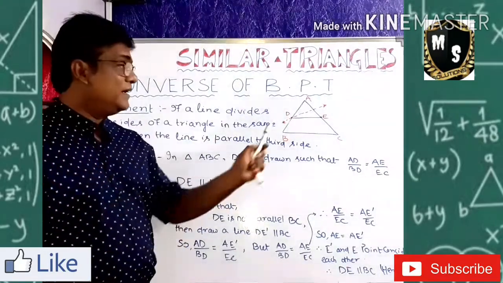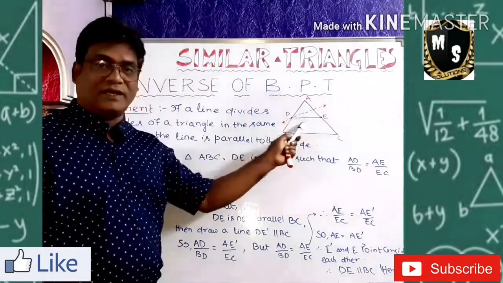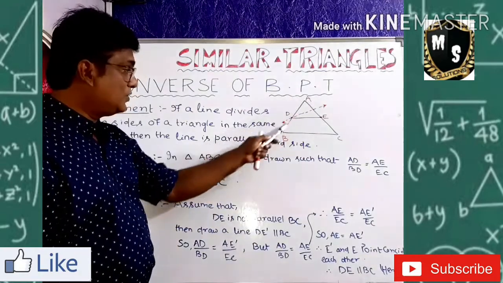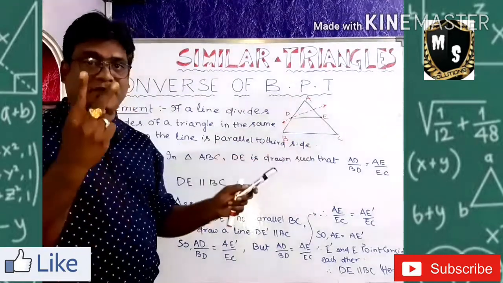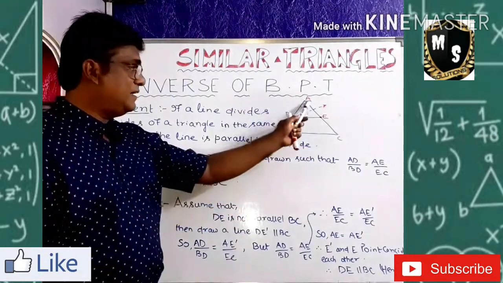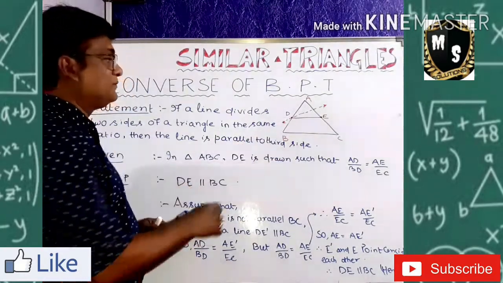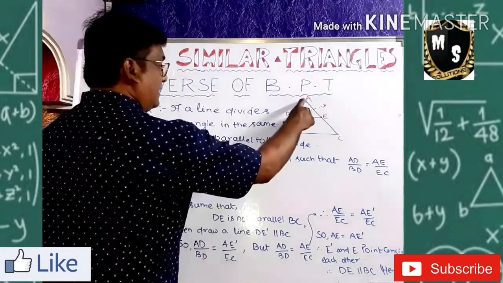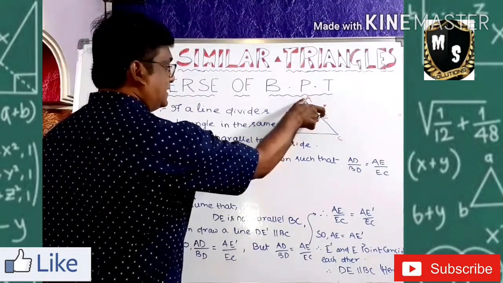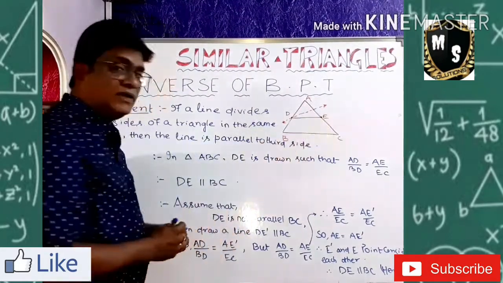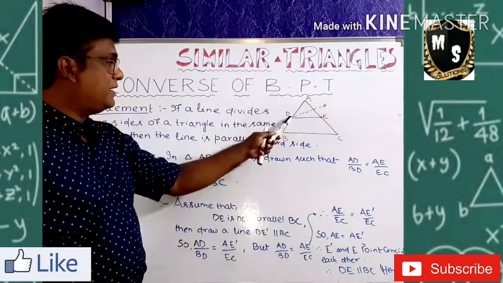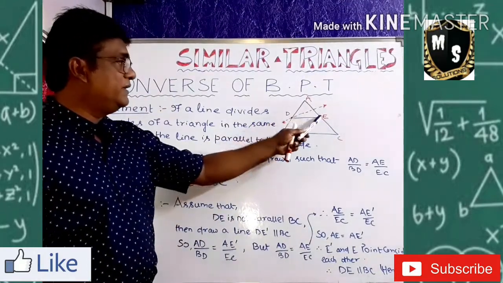What is given? Let DE be the line which is dividing the two sides of the triangle. Two sides means AB and AC. So it is dividing the two sides. That means what is given to you? AD by BD is equal to AE by EC. What is given? AD by BD is equal to AE by EC.